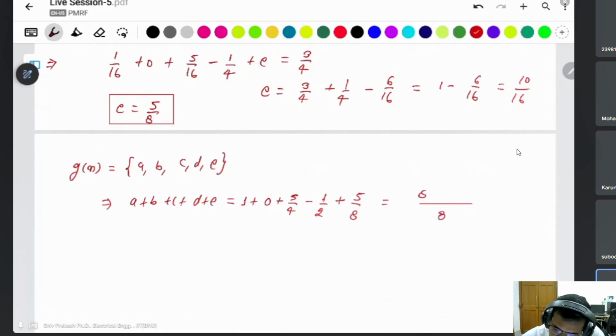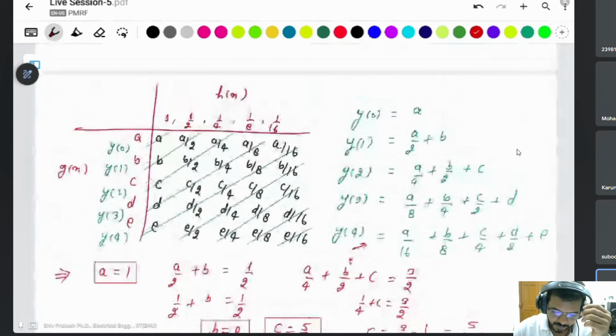This will be 8 plus 10 minus 4 plus 5. Then this will be 8 plus 10, 18, minus 4, 14, plus 5, 19 by 8. This will be the answer of this question.